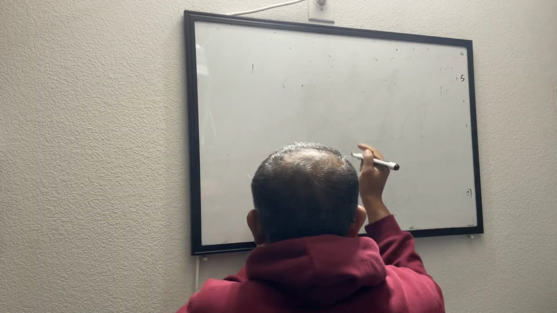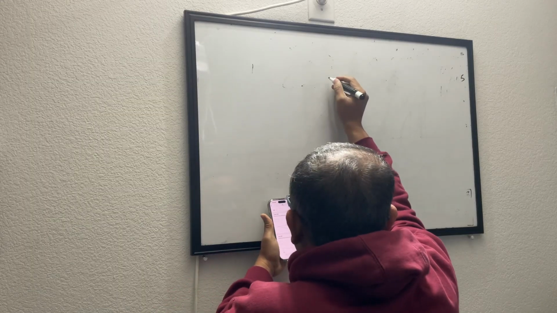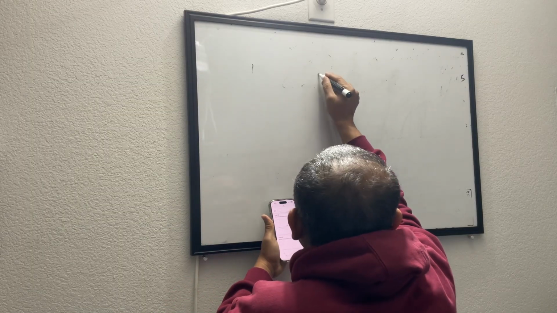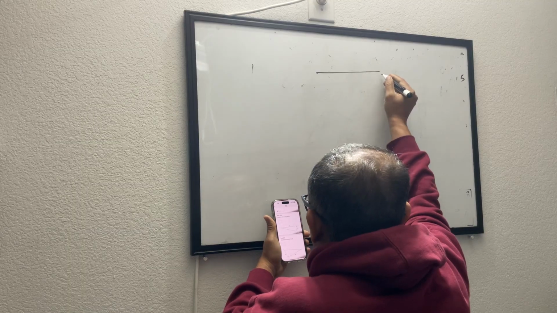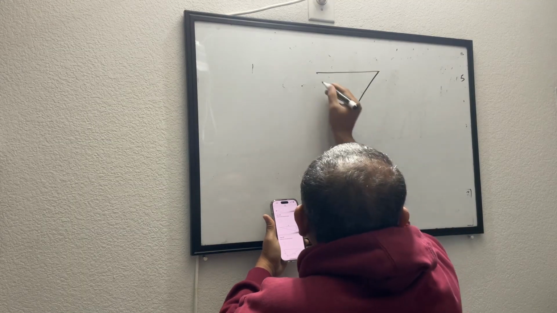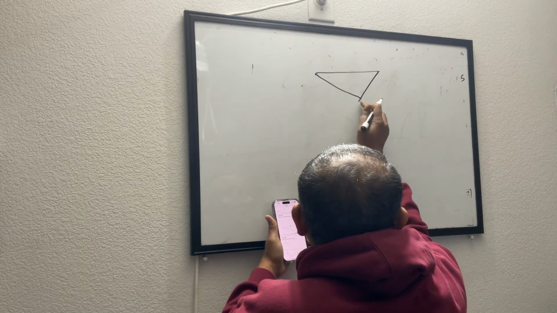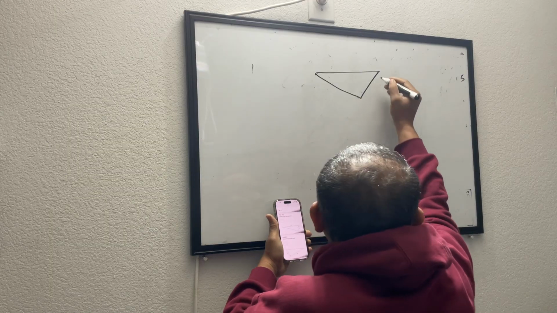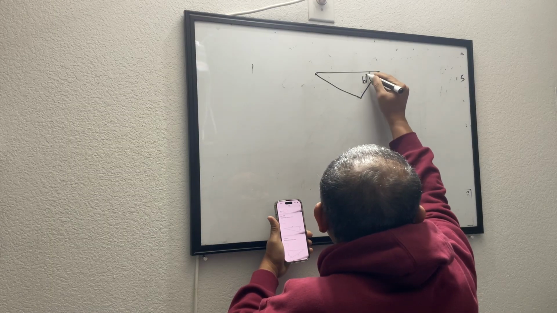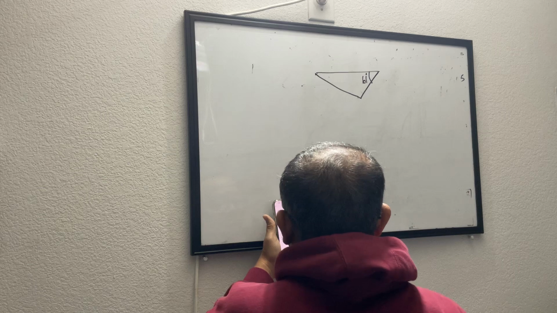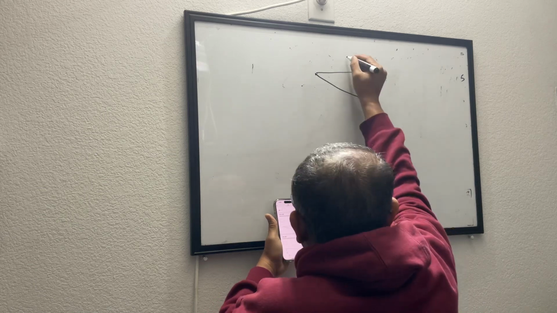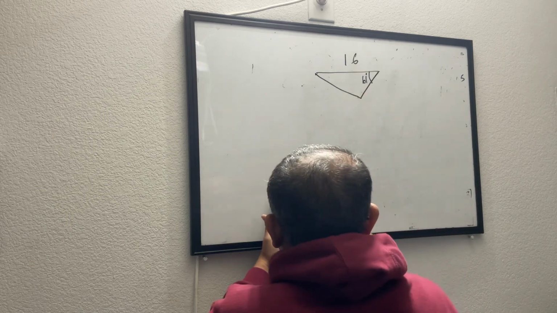But let's look at this one. We are given this triangle. This angle is given as 61 degrees. This side is given as 16.